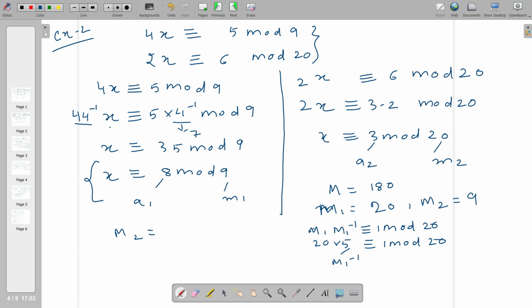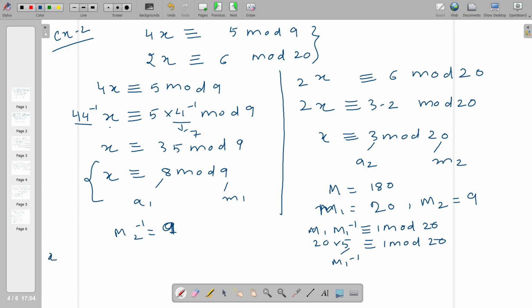So either you can put, if the numbers are small, you can use hit and trial method, or you can use extended Euclidean algorithm. In this case, M2 inverse is going to be 9. So M2 inverse is 9, M1 inverse is 5, and now by putting the values of all these variables, we can find the value of x.